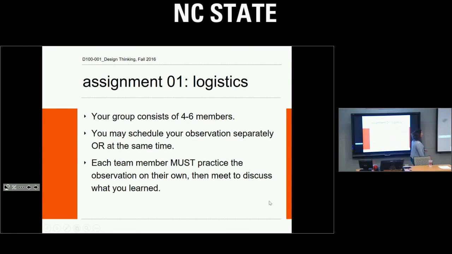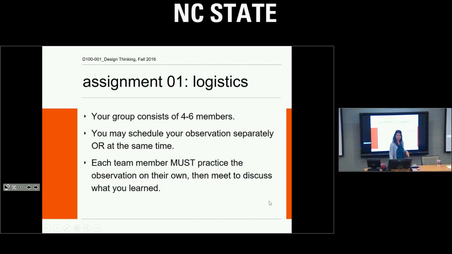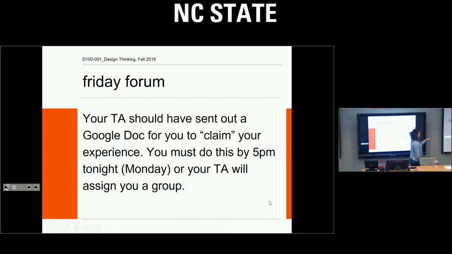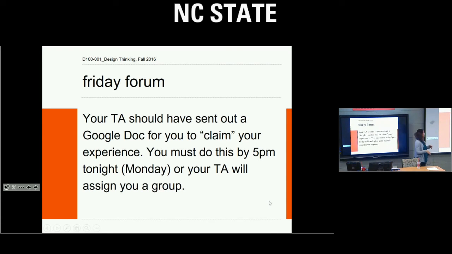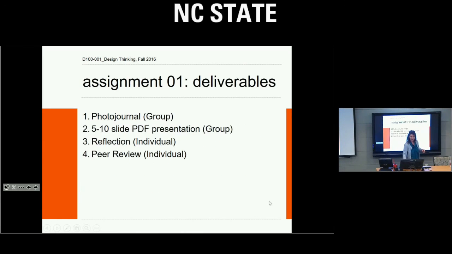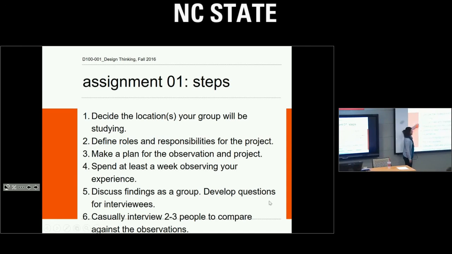Your group is going to consist of 4 to 6 members. I already sort of mentioned this, so I won't repeat it, in the essence of time. This Friday forum, the Friday forum for this week, which is actually going to be due on Sunday, is really getting through the first 3 things in this plan.